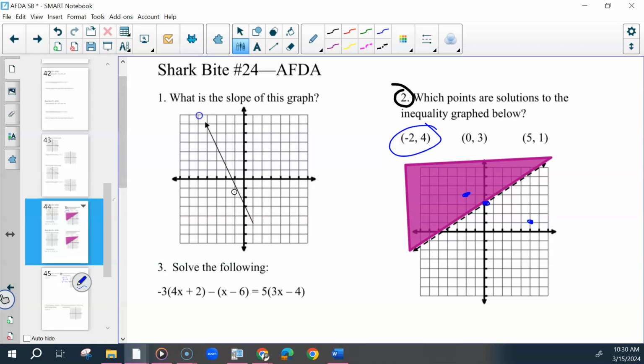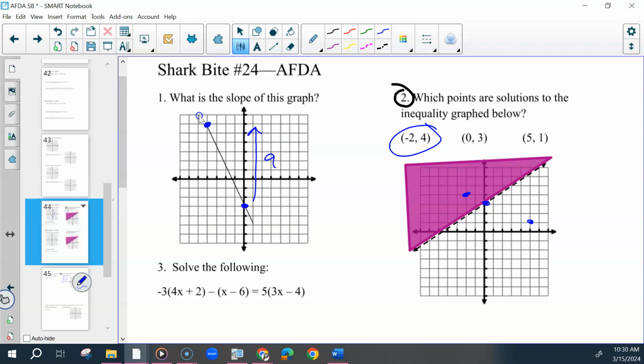If we're looking for the slope, we need to find 2 points that would cross the grid lines exactly. I'm going to start at this point, and I also feel like this is a little off, but let's say that's cool. And I'm going to count from one point to the other. It does not matter which way. Up 1, 2, 3, 4, 5, 6, 7, 8, 9.